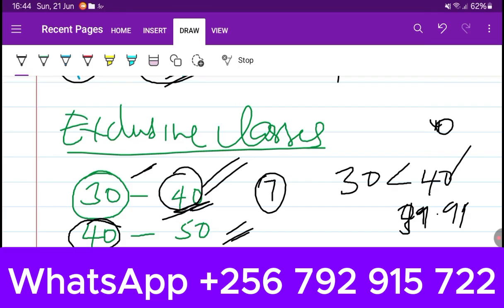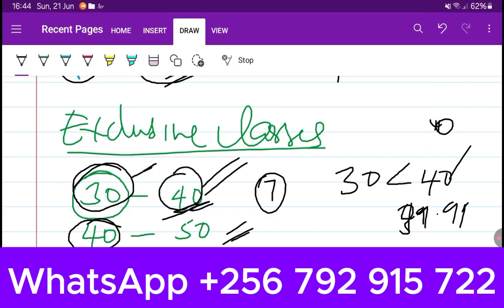So each class consists of a range of values. The smallest value that could go in that class is what we call the lower class limit. This is the 30, which is the lowest. Then the upper class limit refers to the highest value that could go in that class.